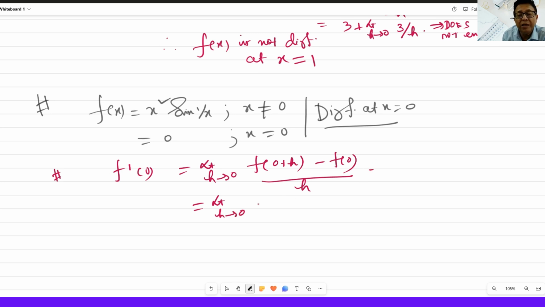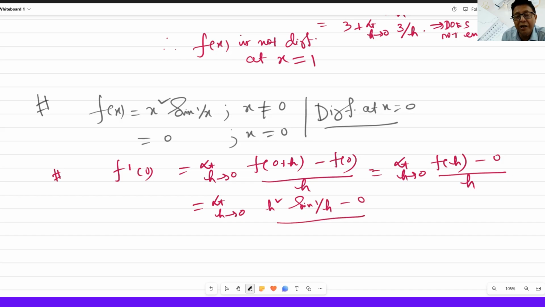This is nothing but what? Limit h tending to 0, fh minus 0 by h. So we'll be calculating this only. h square sine 1 by h minus 0 by h.